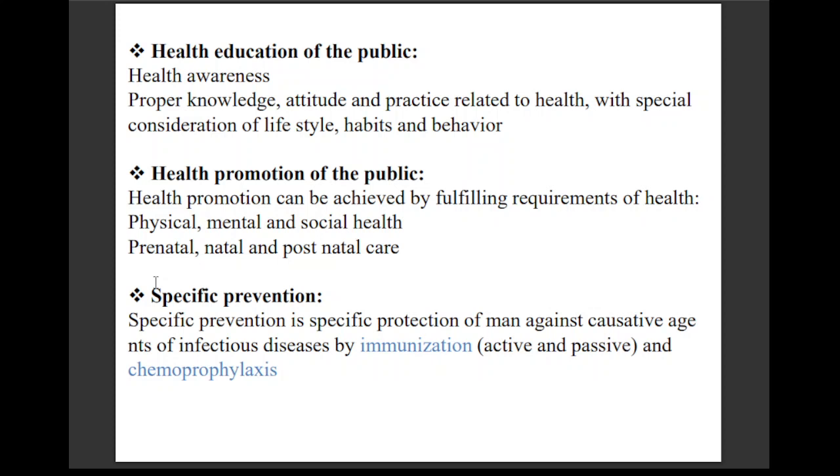Now, specific prevention, those specific preventions are against specific types of diseases. Like a couple of years before, there was a mass vaccination of MMR amongst children below the age of 5. There was a mass vaccination of MMR, measles, mumps and rubella. Against them, this vaccination was carried out.